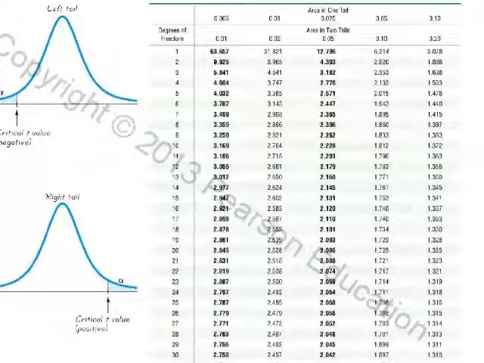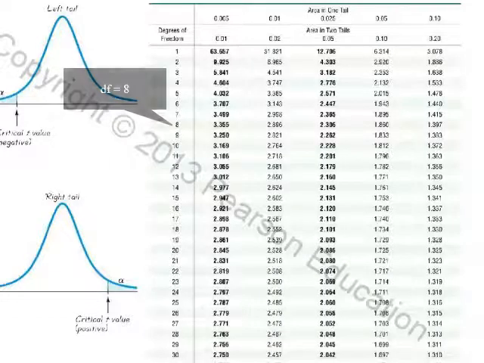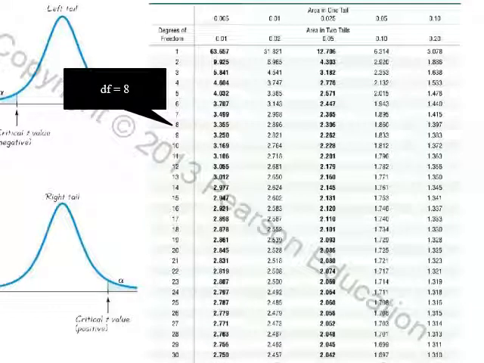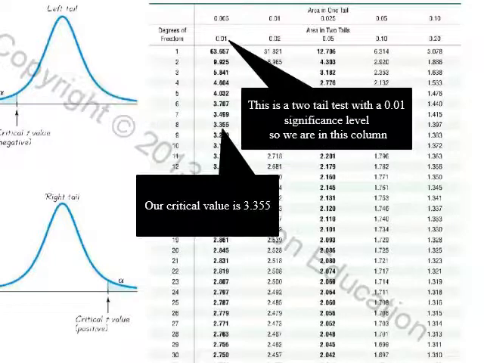So on our t-distribution table here, our degrees of freedom is 8, so we'll be in the 8th row here. Now, since this is a two-tailed test, we have 0.01 significance level in two tails. So we're going to be in the leftmost column, which means our critical value is 3.355.